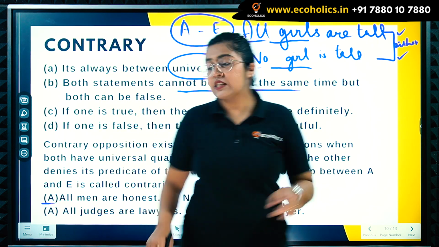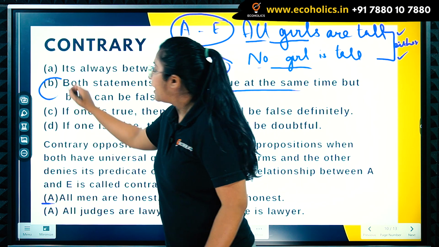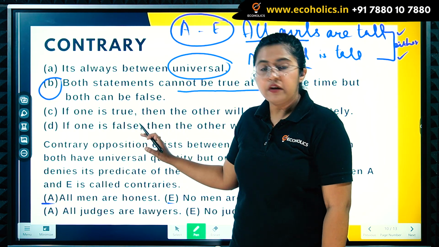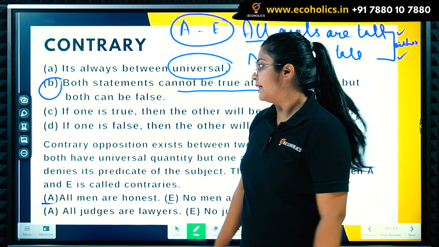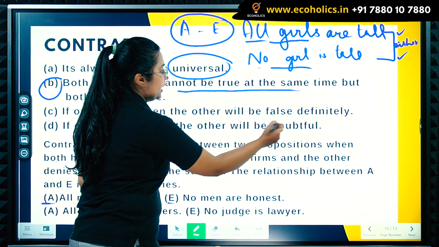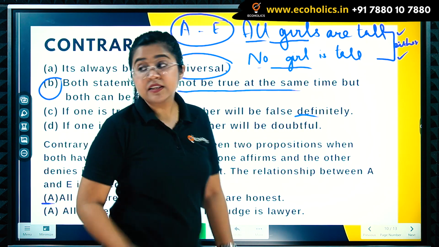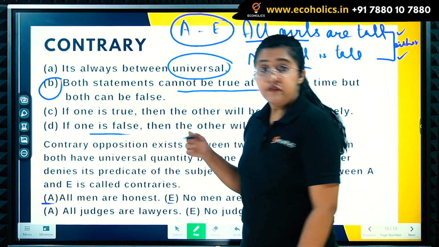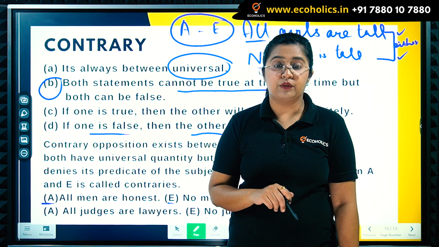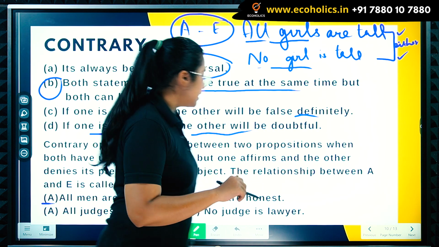So this is one very, very important foundational rule for the contrary type of sentences. Now, if one is true, the other will be definitely false, and if one is false, then the other will be doubtful. This is something we must understand.